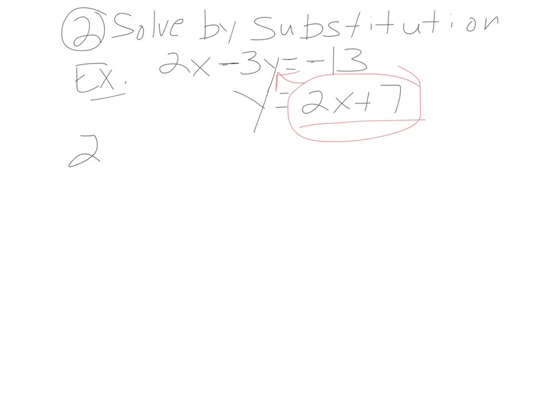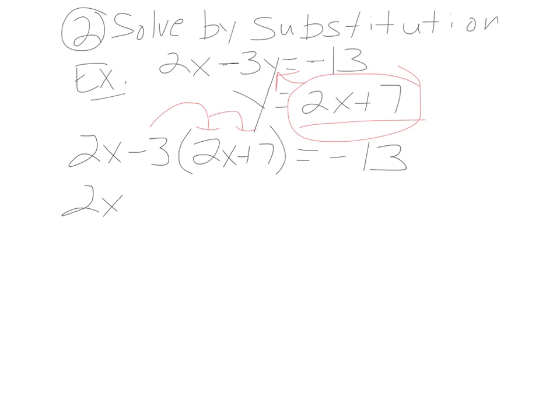Now we have 2x minus 3 times 2x plus 7 equals negative 13. And now I can solve this equation, distribute the negative 3. 2x minus 6x minus 21 equals negative 13.